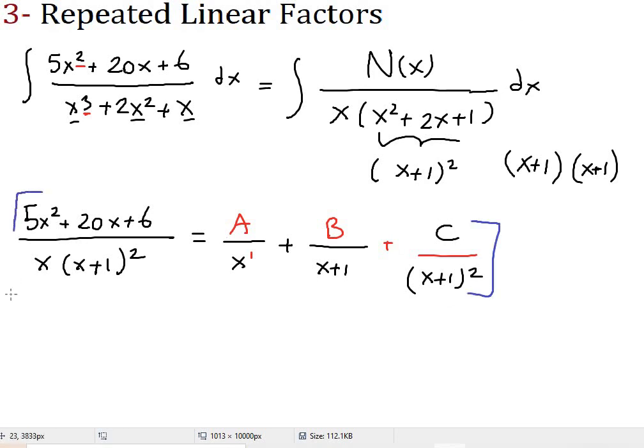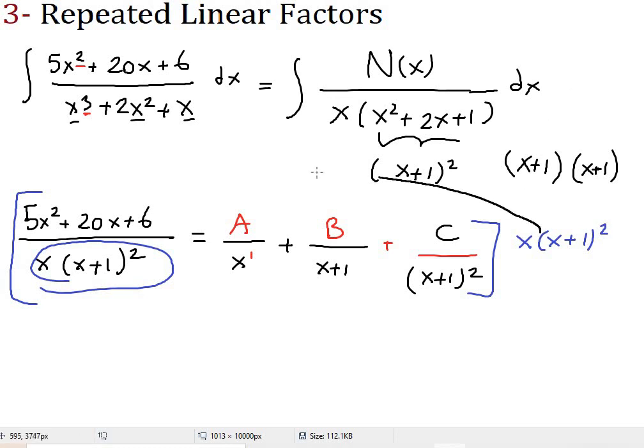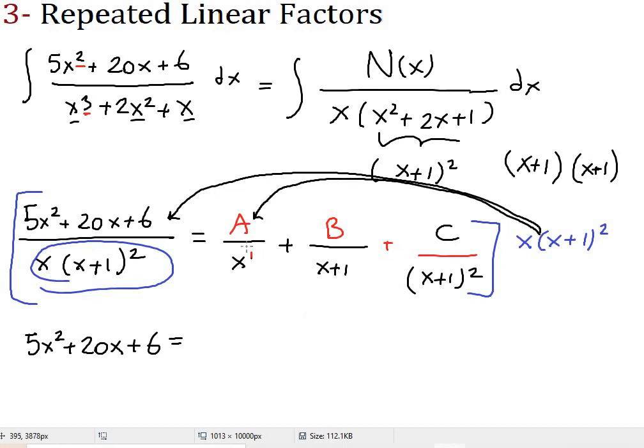So for this, we're going to multiply the whole equation with the LCD. This is our LCD, least common denominator, x times (x plus 1) to the second. If I multiply the LCD with the first fraction, I obtain only the numerator, because this cancels that. So 5x squared plus 20x plus 6 is equal to, and if I multiply this with this fraction, a over x, x cancels x, then I'll have a times (x plus 1) to the second power.